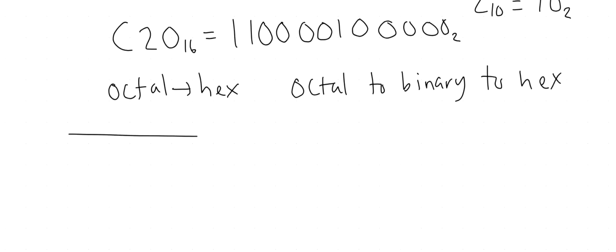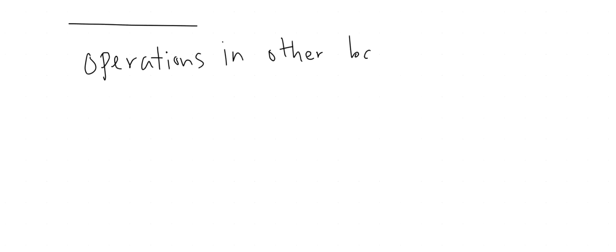One more topic that we have to talk about is operations in other bases. So in base 10, let's think about what happens if we want to add, for example, 129 and 473.